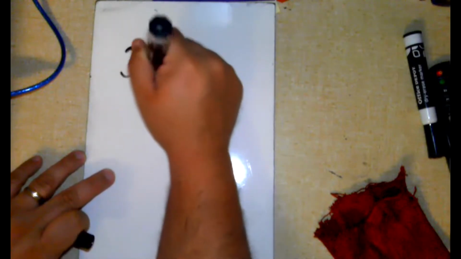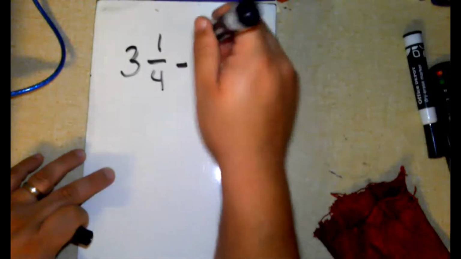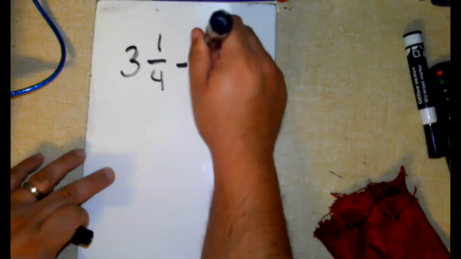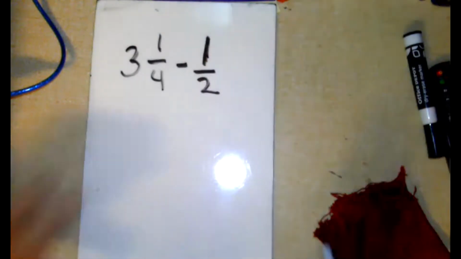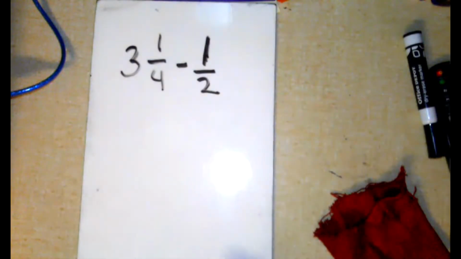This one's a little bit challenging, but we can do it. So we got 3 1/4, and we're going to subtract 1/2. So the first step you want to do is switch to improper fractions.